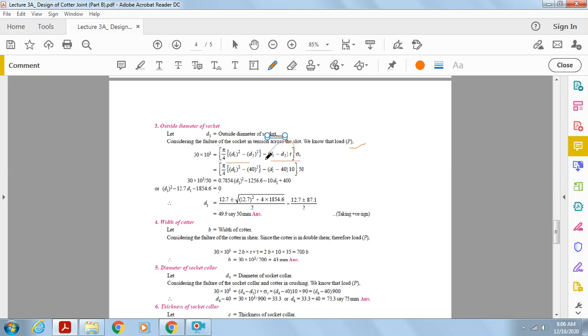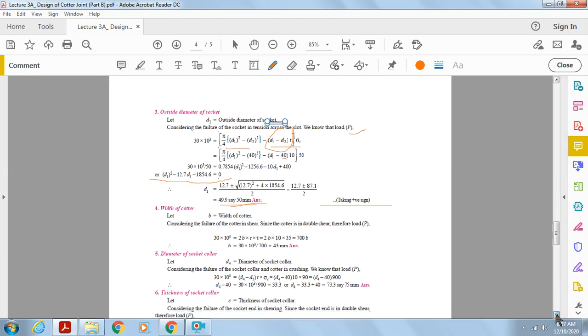In the previous class I have already told you that this is the area of the slot, so that part is deducted from the overall part, and it is multiplied by sigma t. We already got d2 equal to 40, so put that in. Finally this is the quadratic equation we have obtained, and d1 is coming 50 millimeter.